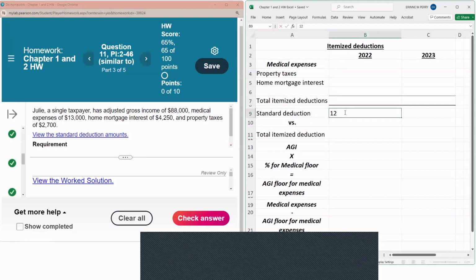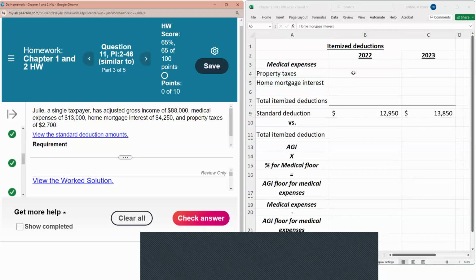For 2022, the standard deduction is $12,950, and for 2023, it is $13,850. So we'll compare each. So we see there's medical expenses as we deal with our itemized expenses. There's medical expenses, property taxes, and home mortgage interest.